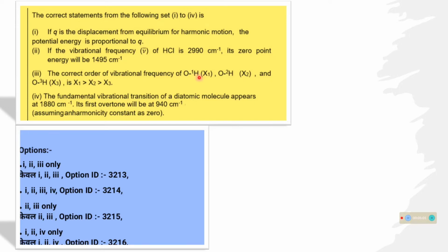For hydrogen 1, the vibrational frequency is x1. For hydrogen 2, meaning deuterium, the OD bond, the vibrational frequency is x2, and for OT, meaning the tritium bond, the vibrational frequency is x3, and they also give the order as x1 greater than x2 greater than x3.